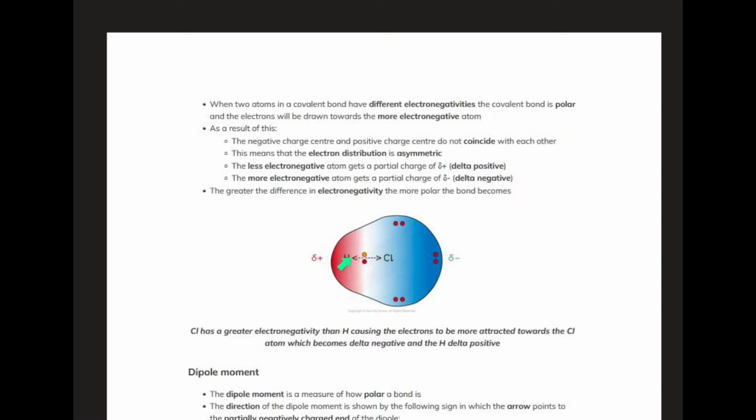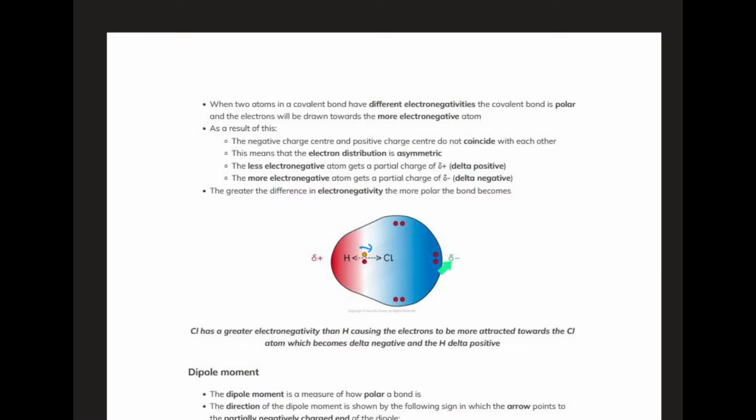So this is the example, HCl, where chlorine is more electronegative, so the bonding electrons will be attracted more towards the chlorine, making chlorine a bit more negative, and hydrogen, on the other hand, a bit more positive.